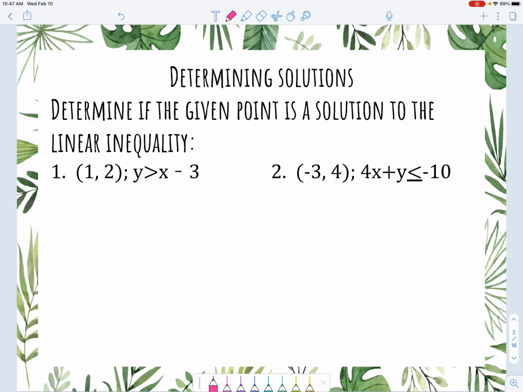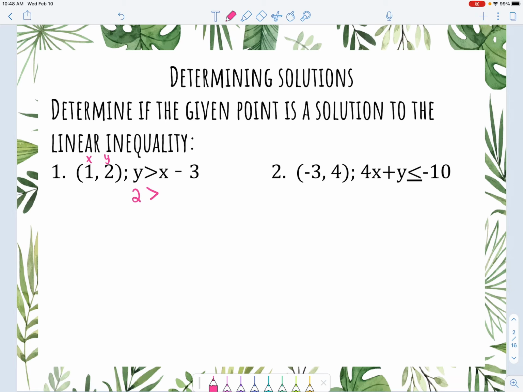So we've got the ordered pair 1, 2. Here's my x, here's my y, and then we have the inequality y is greater than x minus 3. This looks very similar to a linear equation in slope-intercept form, y equals mx plus b. All I do is replace the y with the 2 from the point. I'm going to copy down my inequality symbol.